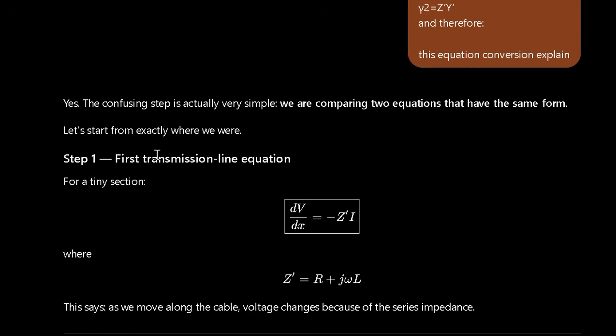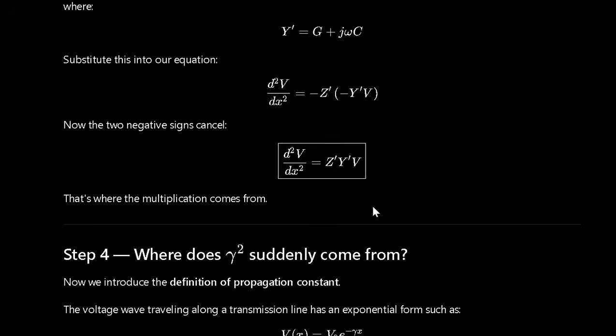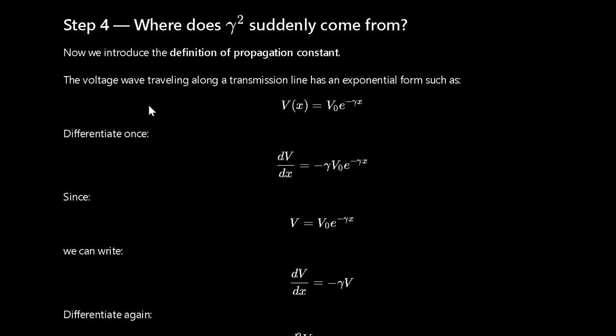The confusing step is actually very simple. So, how did gamma equals root over come? If you look at this, for voltage traveling across the transmission line, this is the equation: V of x equals V naught e power minus gamma x.